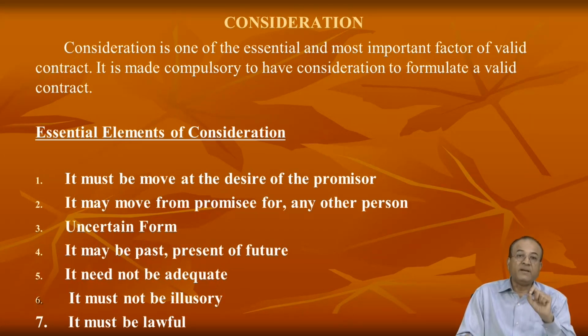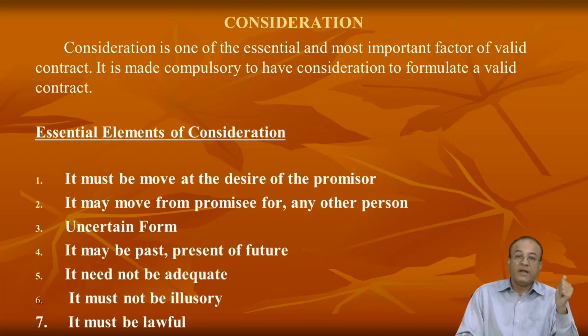This clearly means that consideration may not necessarily be present. When a consideration is moved from something which has been done earlier, or from a promise to be fulfilled later on, all these are valid consideration.